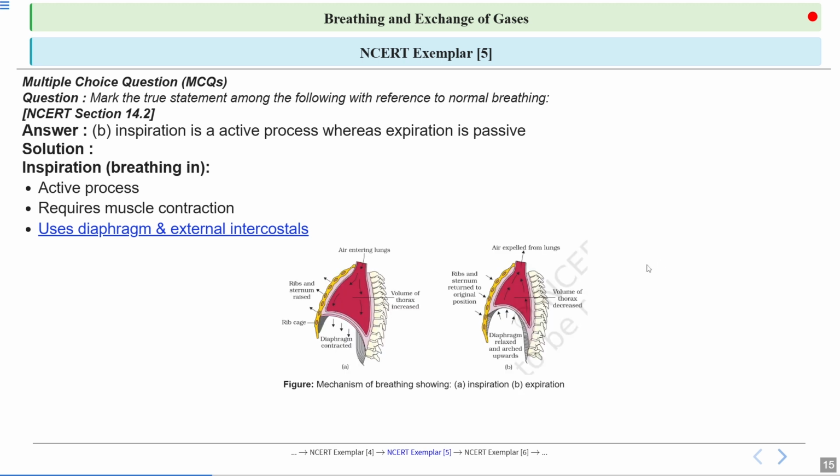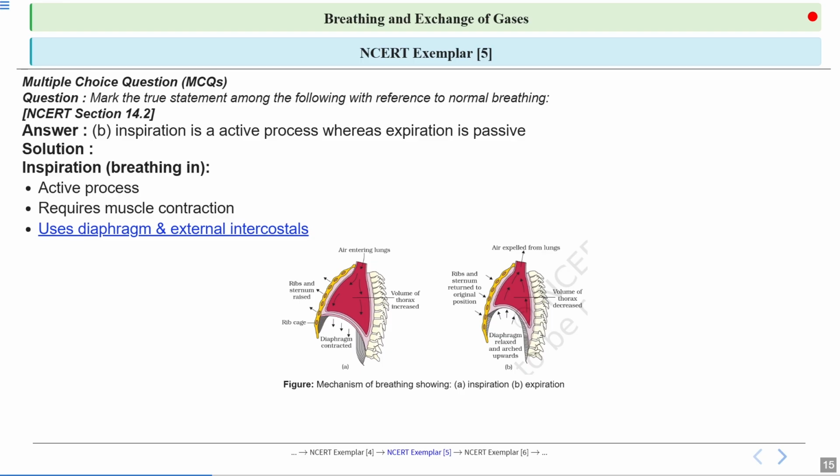So here in the figure you can see this diaphragm is moving downward at the time of contraction with the help of these muscles, and you can see that when the intercostal muscles contract, the ribs and the sternum move. The sternum is the bone present at the front of the chest, right? And most of the ribs are attached to it.